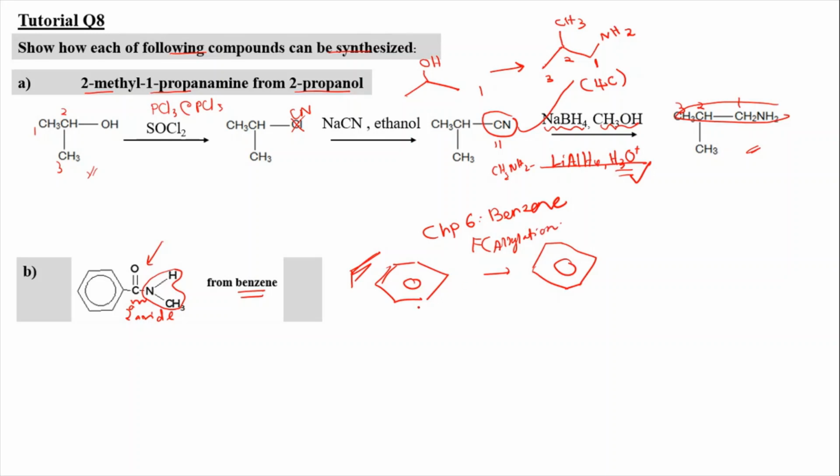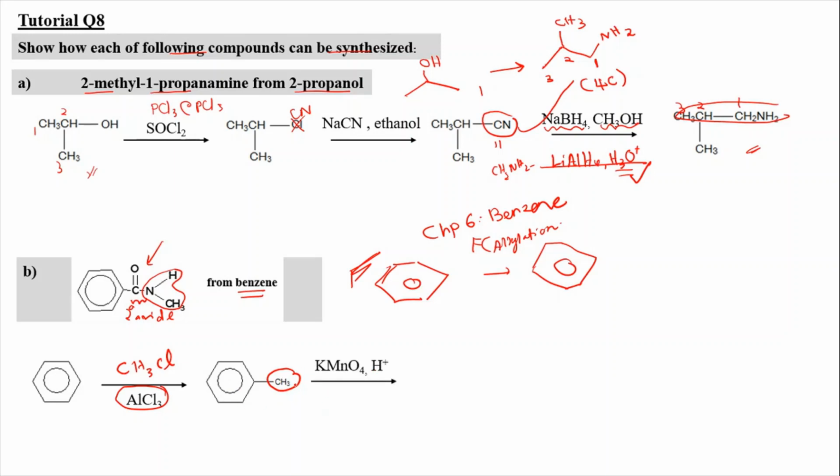So let's say I have my benzene here, and I'm going to undergo Friedel-Crafts alkylation, where I'm going to use AlCl3 and CH3Cl, because I want to add one carbon chain here, which becomes methylbenzene, and then this methylbenzene can be oxidized in order to form benzoic acid.